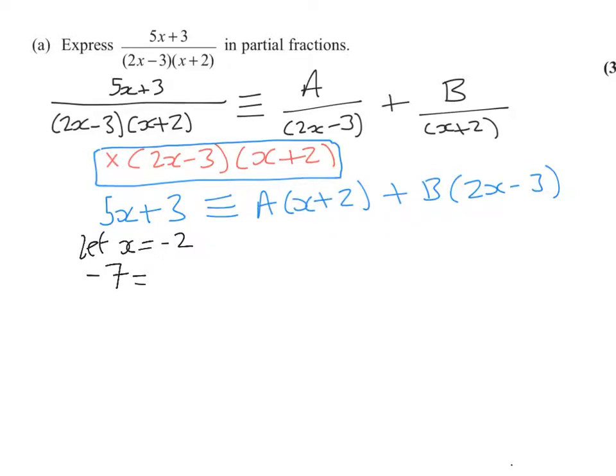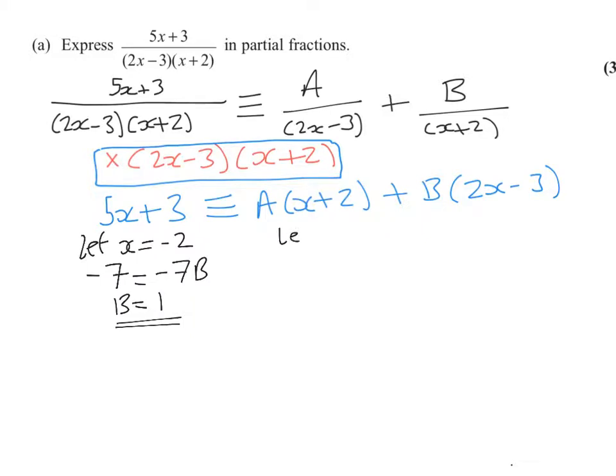A disappears because I've got a lots of negative 2 plus 2, no lots of a, and that's what we wanted. We wanted to get rid of one of the letters. B, though, negative 2 times 2, negative 4, minus 3, minus 7, so I've got minus 7b, so b equals positive 1. So the tactic there is to use a value of x which gets rid of one of the letters, and then we can find out the other one.